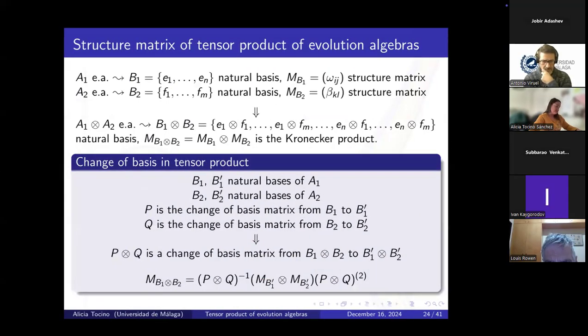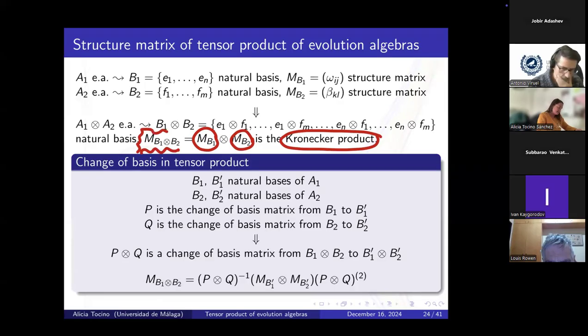The structure matrix of the tensor product of evolution algebras is given by the Kronecker product of two matrices. If we have the structure matrix of A1 and the structure matrix of A2, then we take the Kronecker product of these two matrices and we get directly the structure matrix of this tensor product.